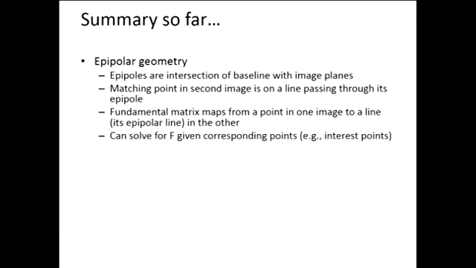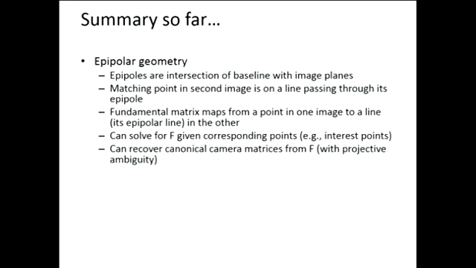We can solve for the fundamental matrix given the corresponding points, and typically we would find those corresponding points using interest point detectors. Given F, we can recover the canonical camera matrices, and if we don't know the intrinsics, then that will be with some kind of projective ambiguity.